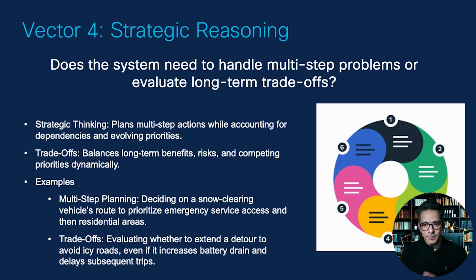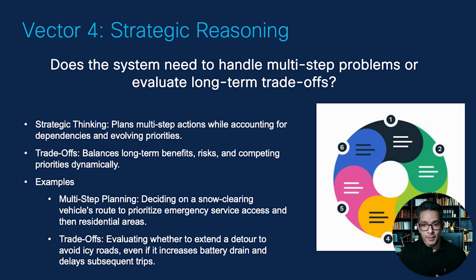In terms of trade-offs, trade-offs involve balancing the impact against the various needs of the ecosystem. For example, in extreme cold, a self-driving car must decide whether to take a longer detour to avoid icy routes.